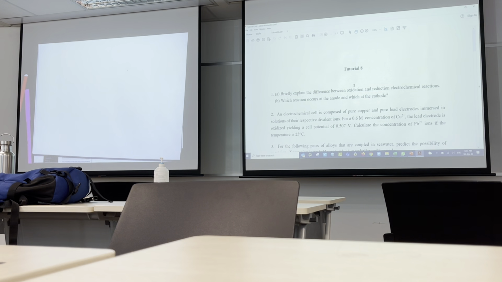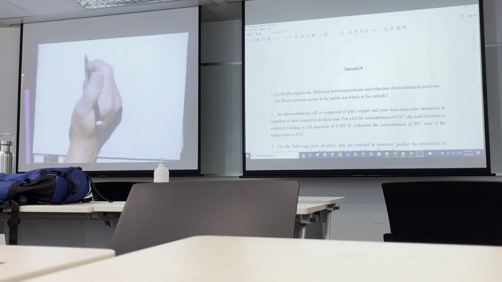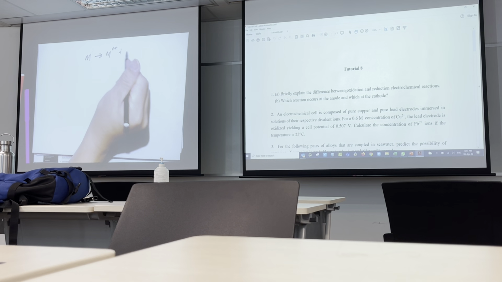Number one, briefly explain the difference between oxidation and reduction in an electrochemical reaction. I think I've mentioned this to you already. Oxidation is basically anything that increases the valence state of the material. So very quickly, let's say M goes to M^n+ plus n e-.